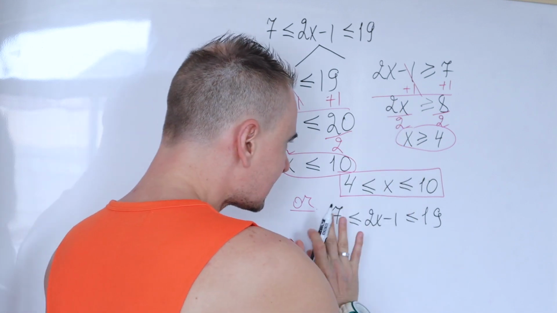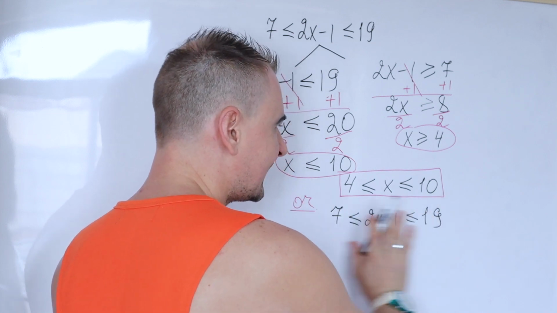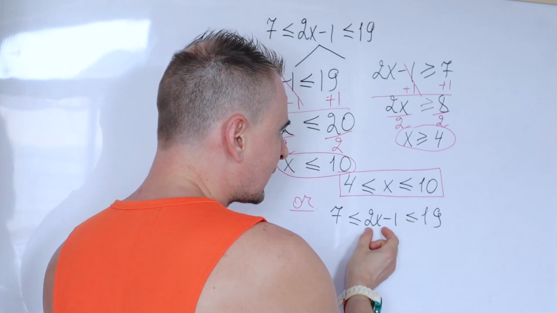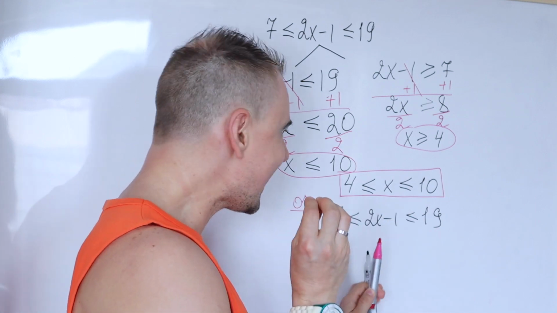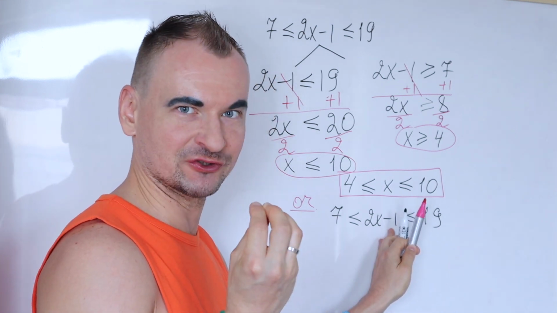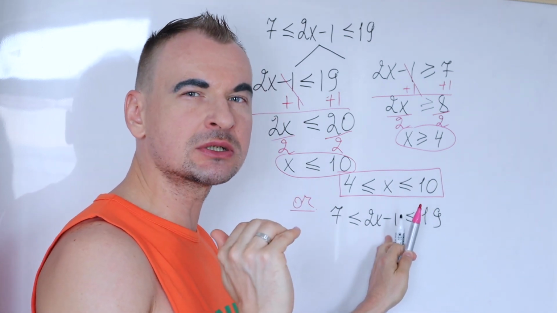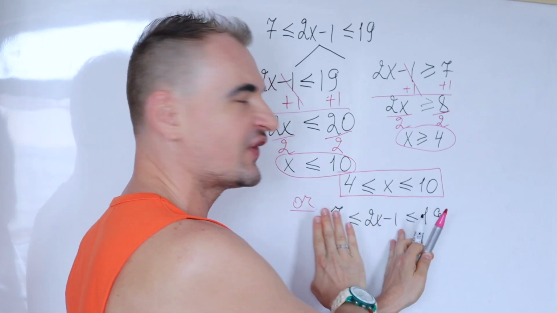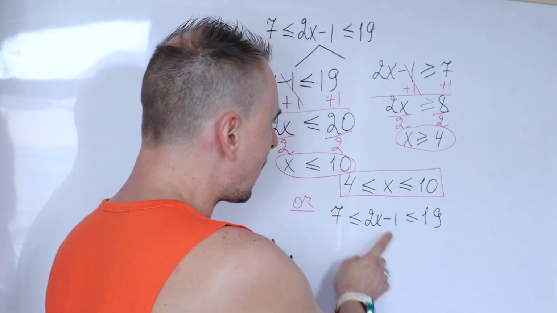Let's see. Just look at this as one complete inequality. You want to get your x alone in the middle. So your aim is to isolate x here in the middle. And you are going to implement these steps to all three sides: the left, the right, and the middle.